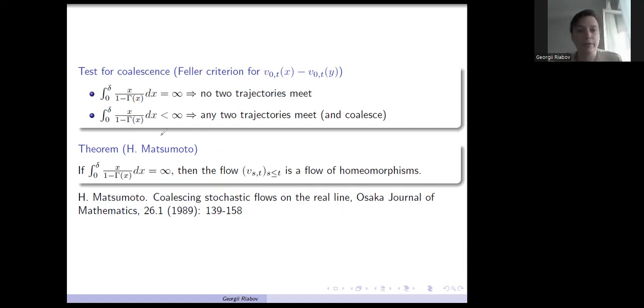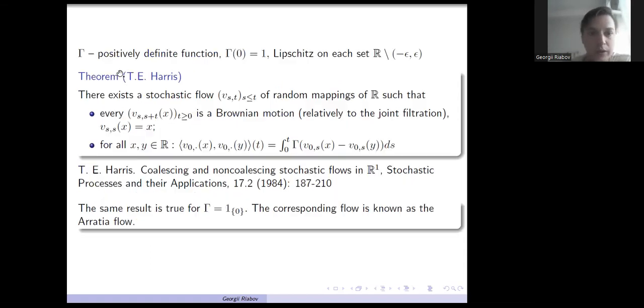and before that, I show the test for coalescence in the flows of Harris.